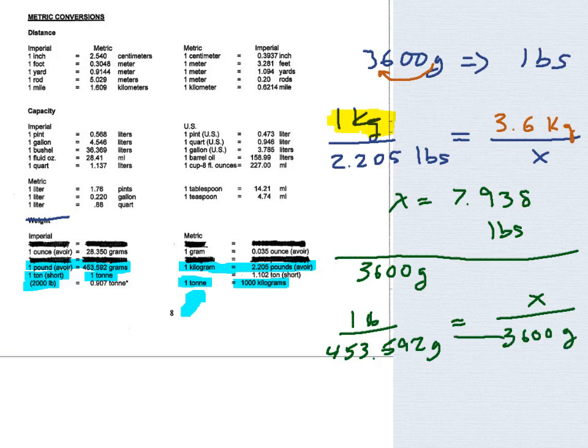So 3,600, multiply it by 1, divide by 453. Your X value, your missing pounds, would be 7.9366, etc. And depending on rounding, very likely going to be exactly the same. If you did to the nearest, well, at least close enough that it wouldn't make a huge difference for most applications. Say 7.94 pounds. Same as in the previous one, 7.94 pounds.